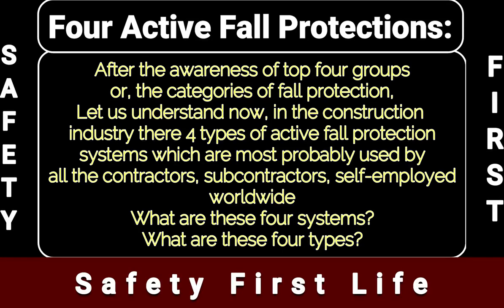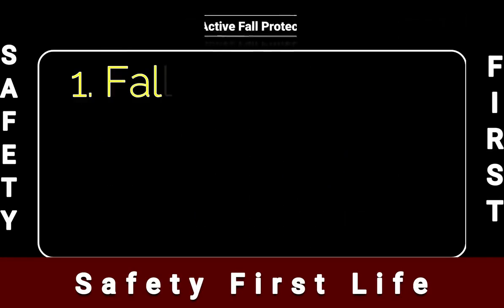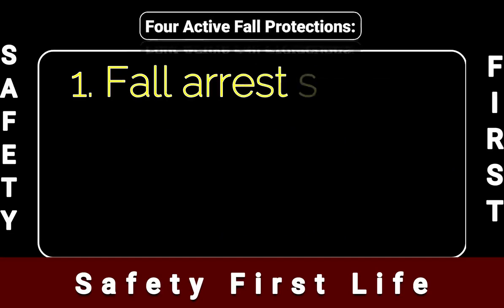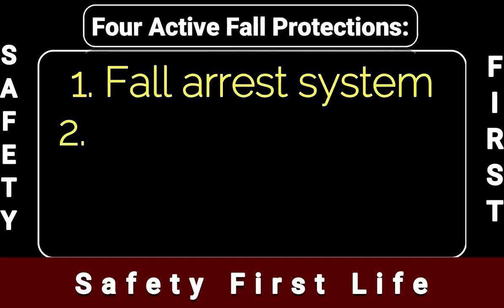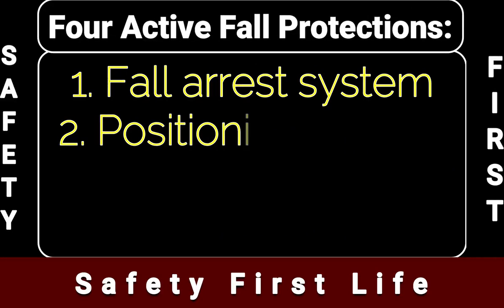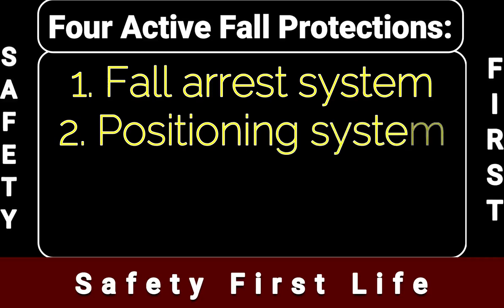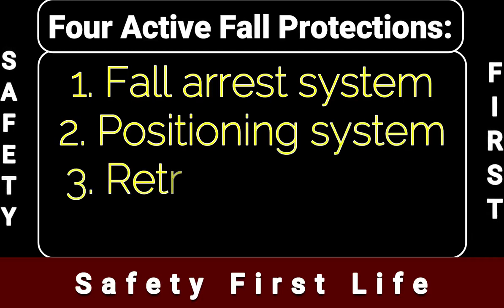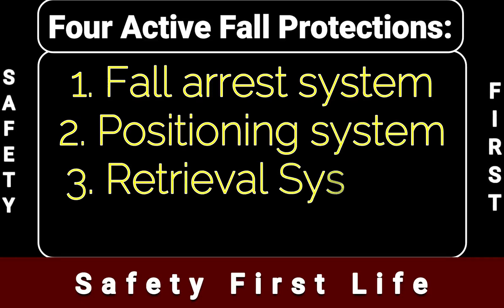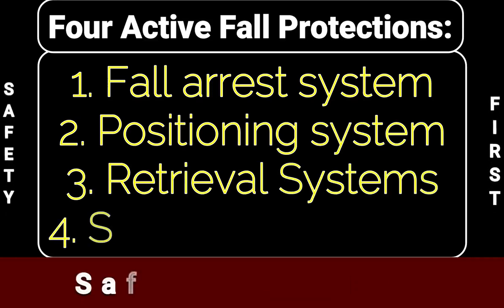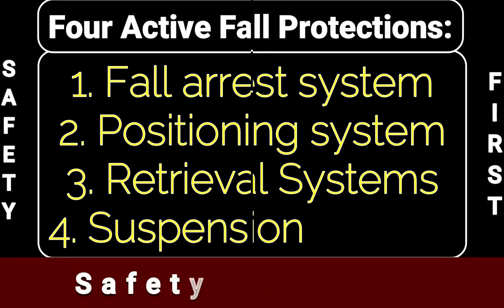What are these four types? Number one, fall arrest system. Number two, positioning system. Number three, retrieval system. And number four, suspension system. I'll discuss these four shortly. We'll start with the first item, that is, the fall arrest system.